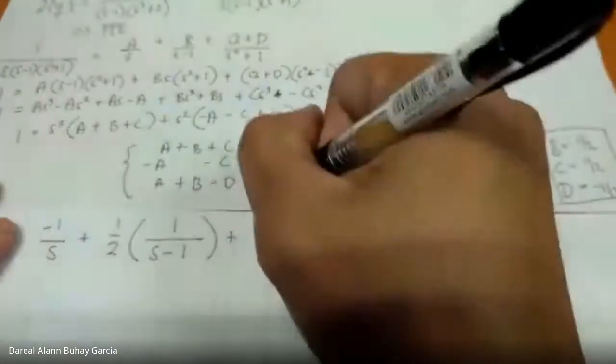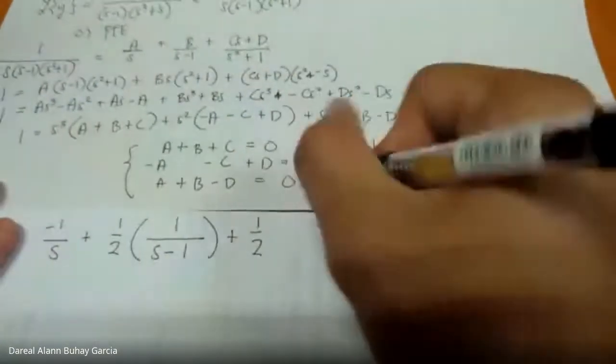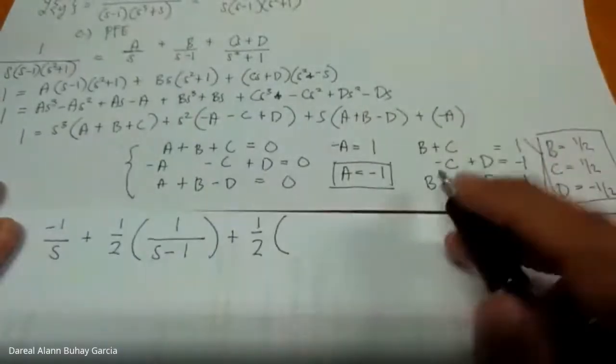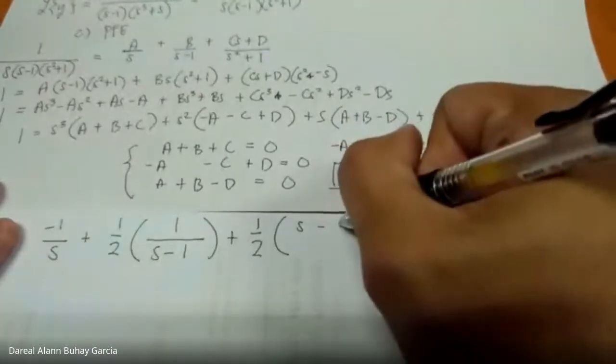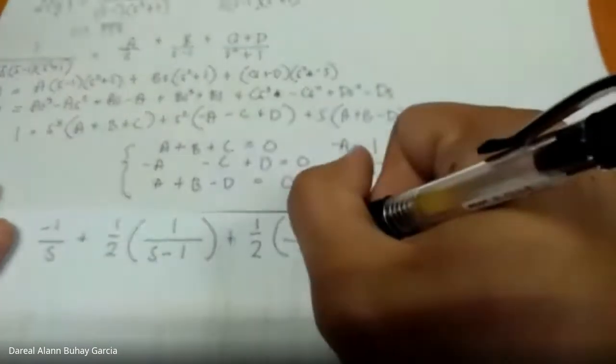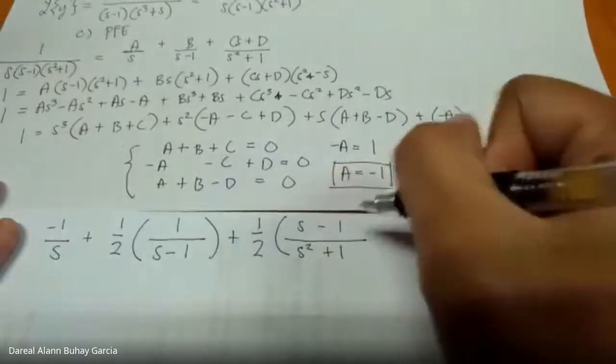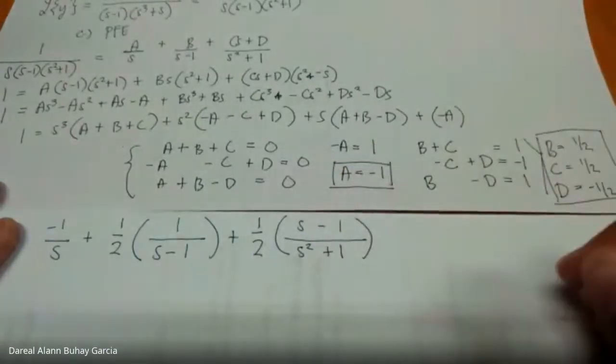So factoring out 1/2, s minus 1 all over s squared plus 1.